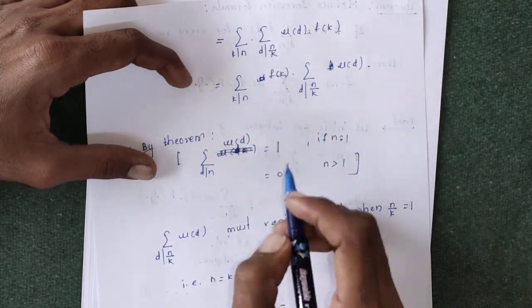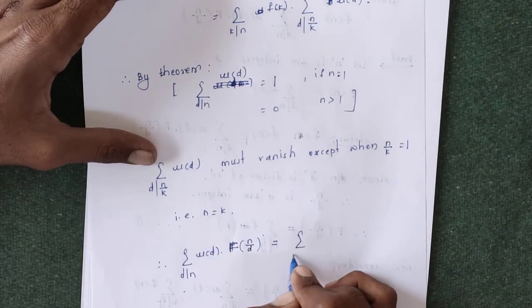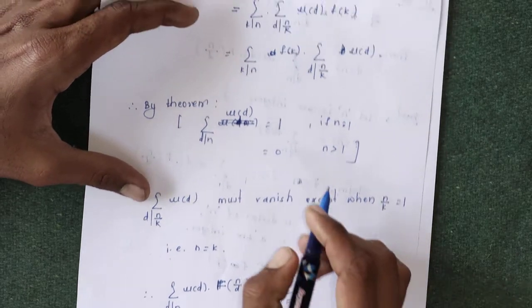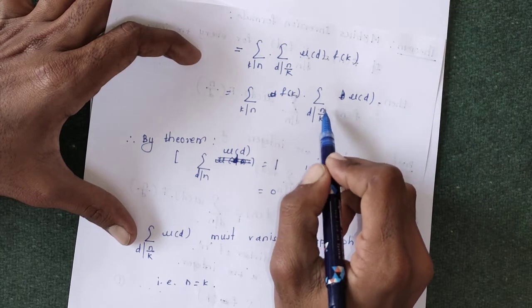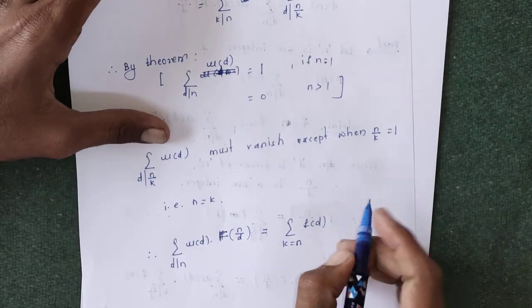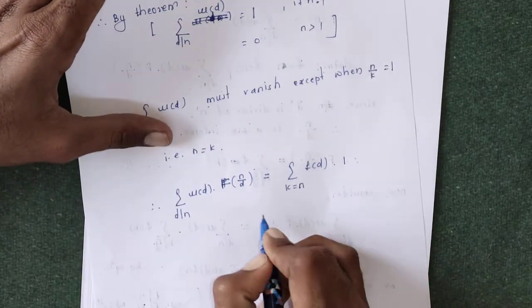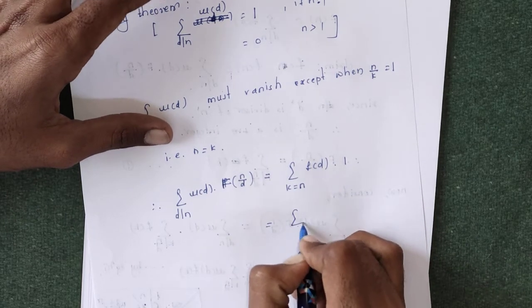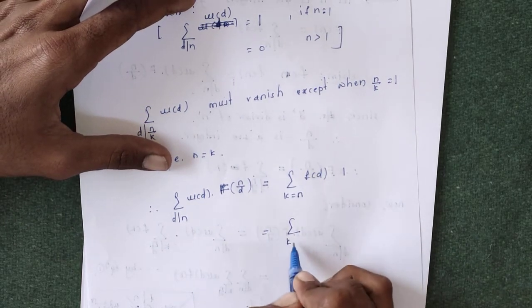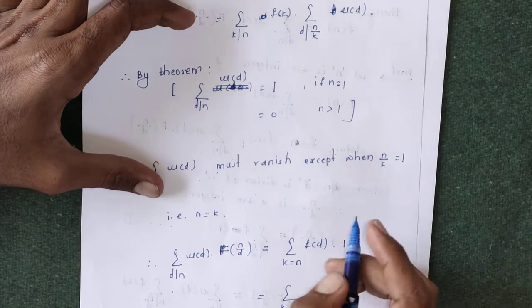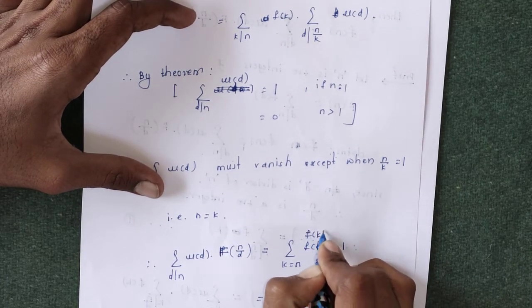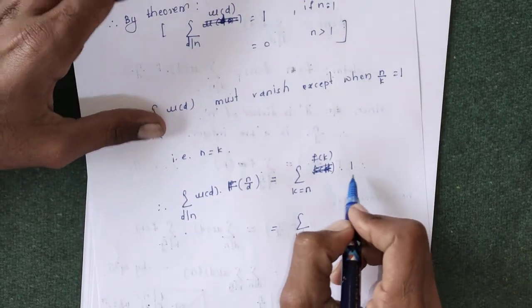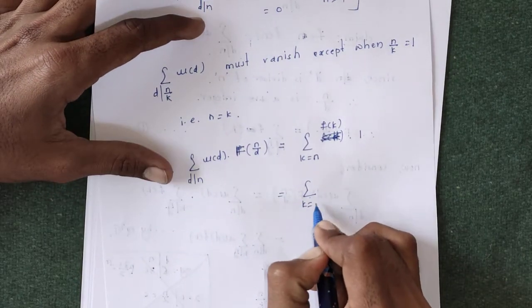Instead of k divides n, we can write n is equal to k. K is equal to n, this f of k as it is, and this d divides n, that is, n by k is equal to 1, then this summation will become 1, which is equal to summation of f of k into 1, k is equal to n.